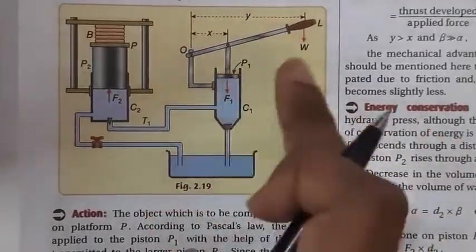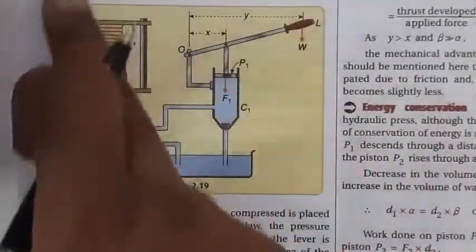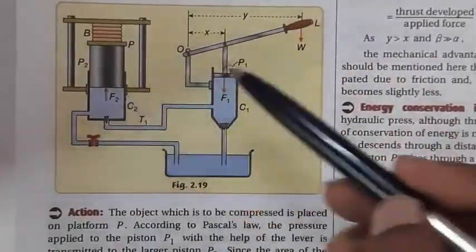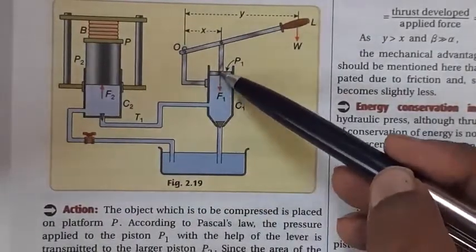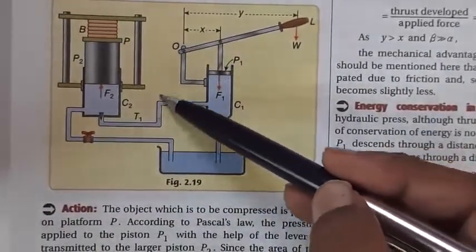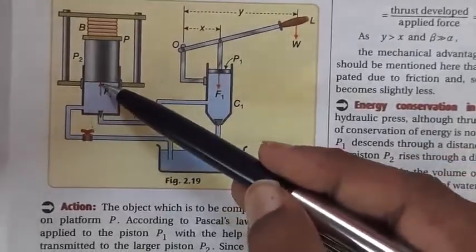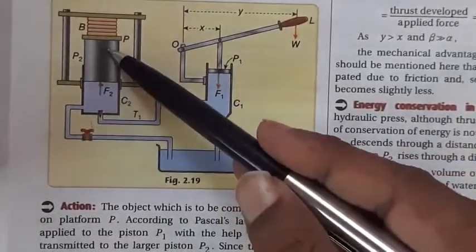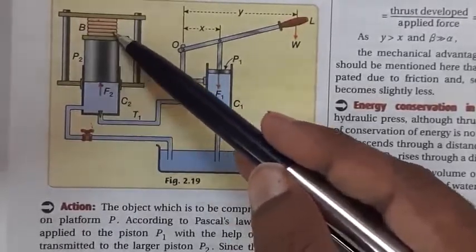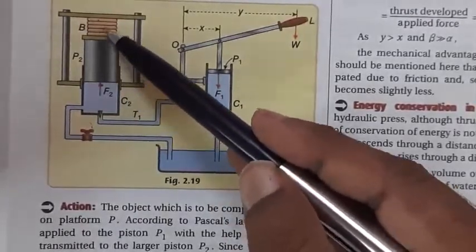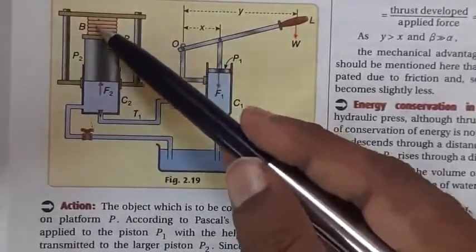And this is the diagram for the hydraulic press. We are applying a force F1 on this piston. The pressure is being transmitted and the piston F2 is being pushed upwards. Large chunks of materials are placed here. Under the pressure applied, these chunks of materials break into pieces.